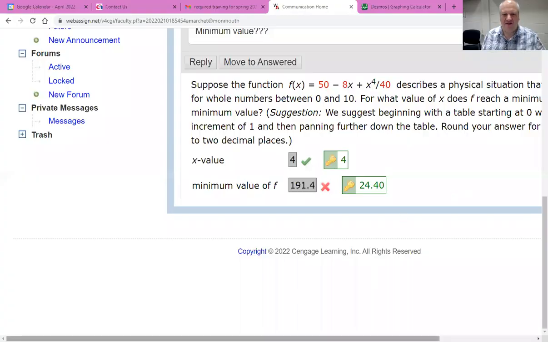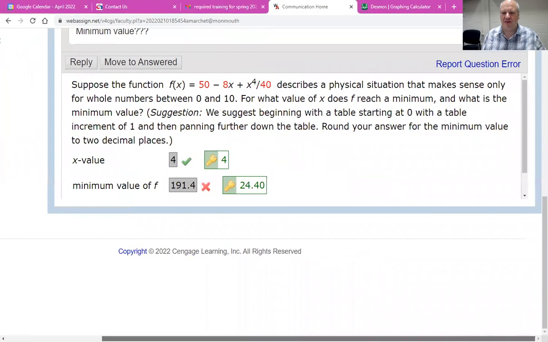Okay, so for this question, friends, we're saying, suppose the function describes a physical situation. It's the same thing. So I'm going to check out Desmos and put the formula in. Then I'm going to do a tabular analysis and look at what it says for 4.